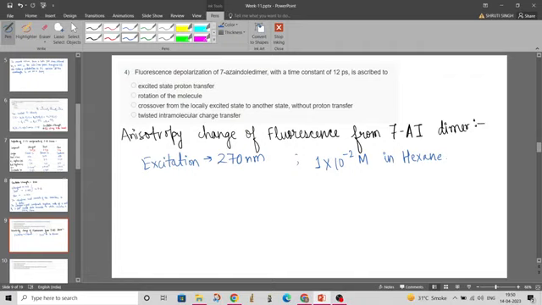It was done at two excitations, the red edge and the blue edge.